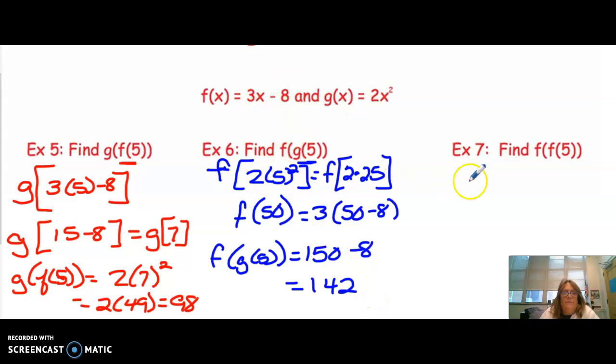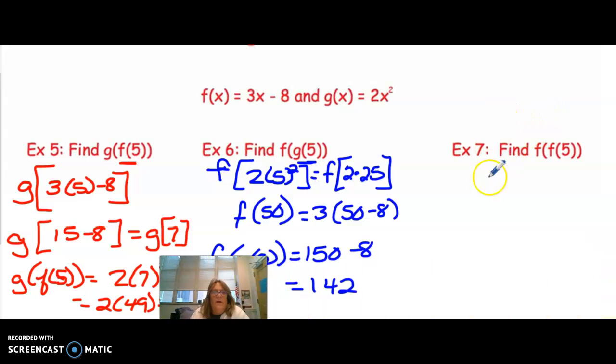And the next one, I'm going to plug 5 into my f equation, and I still have this 5 hanging out over here. I still have the 5 sitting here, but I'm going to plug into this equation everywhere that I have an x, I'm going to plug in 5. So I've got 3 times 5 minus 8.